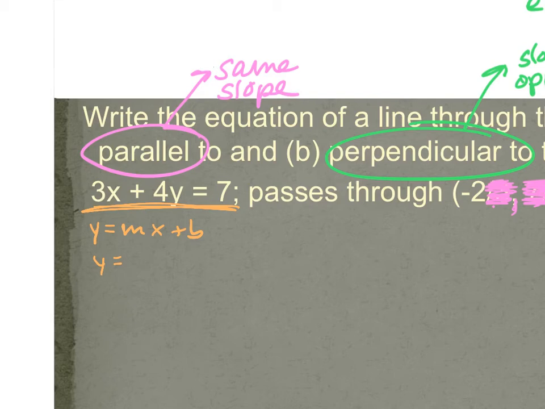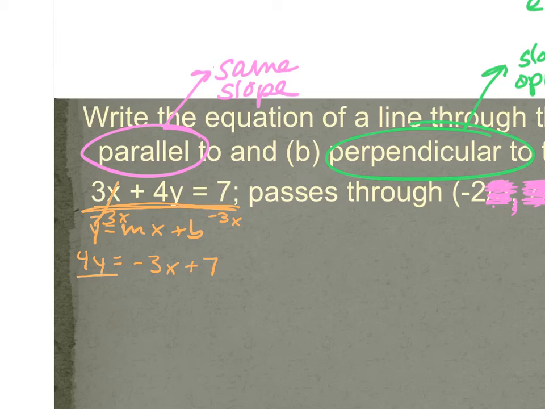So first thing we're going to do is move everything that's not y onto the other side. So to move the 3x to the other side, we need to subtract 3x from both sides of our equation. So it's going to cancel out on the left. So we have 4y is equal to negative 3x plus 7. Now we want it to be y equals, so we need to get rid of this 4.